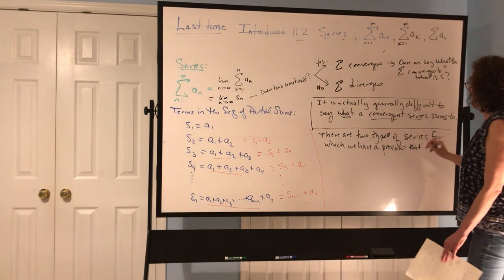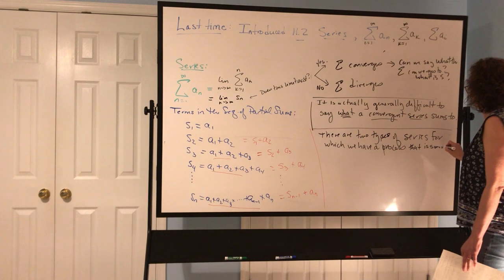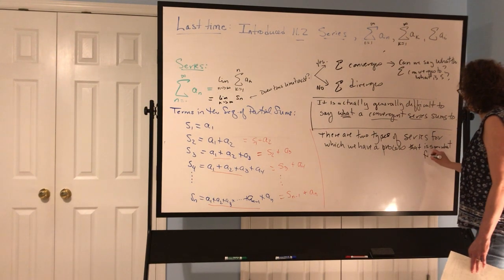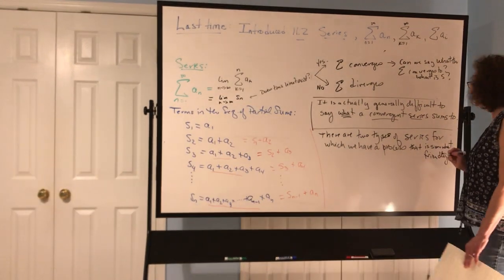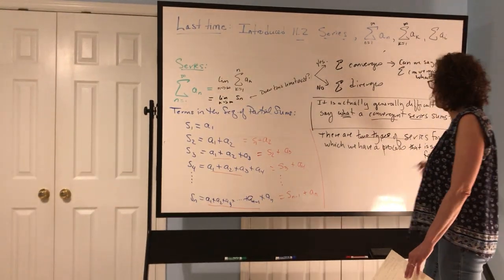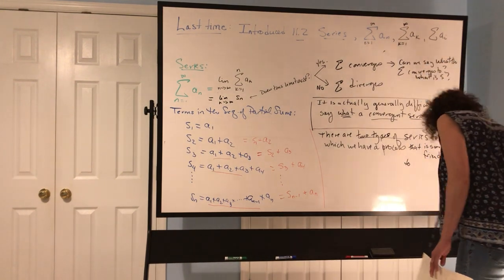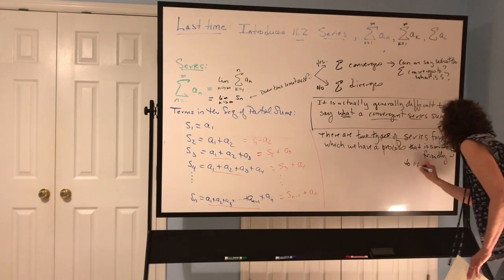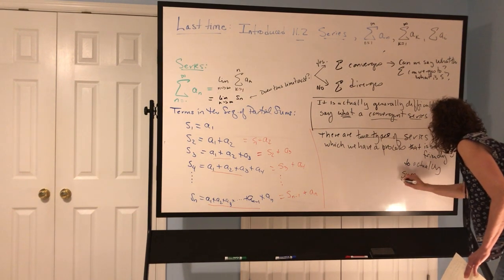That is somewhat friendly. We'll just go with that. Somewhat friendly, ha ha ha, right? What are the two types of series for which we have a process that's somewhat friendly to actually sum the series?